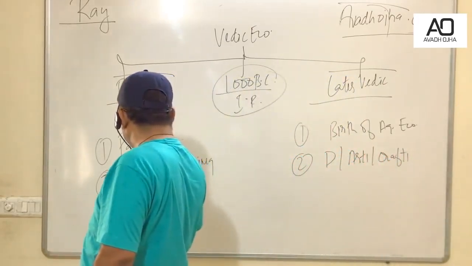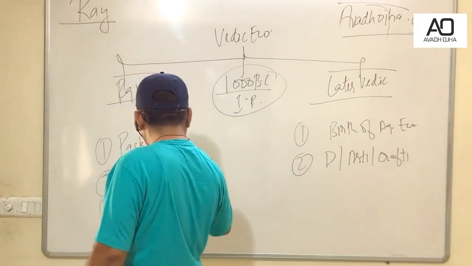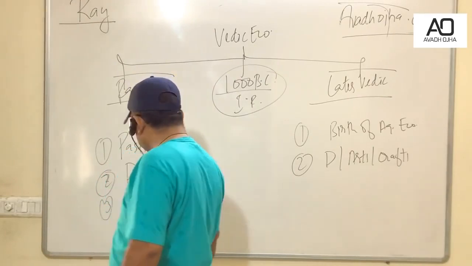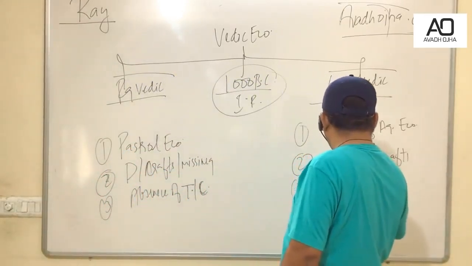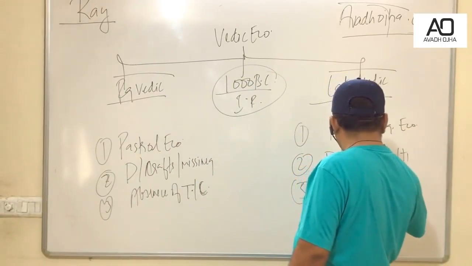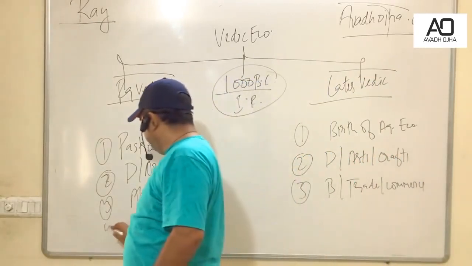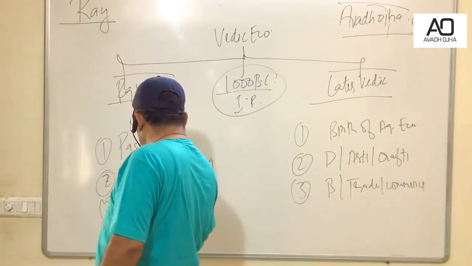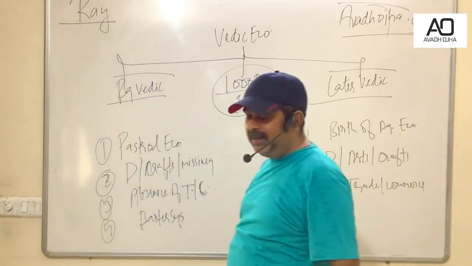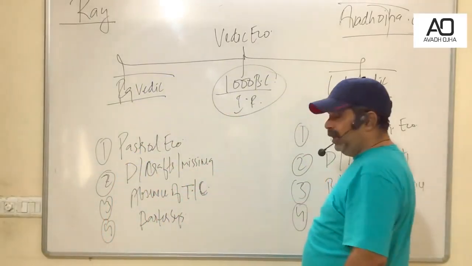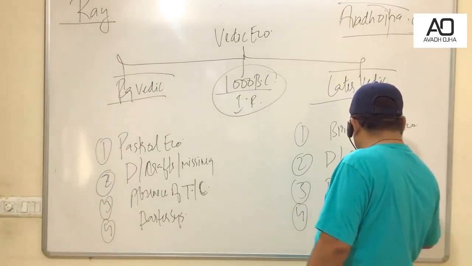Absence of what? Trade and commerce. Beginning of trade and commerce. Medium of exchange, barter. Main medium of exchange, barter, along with barter and precious metals.